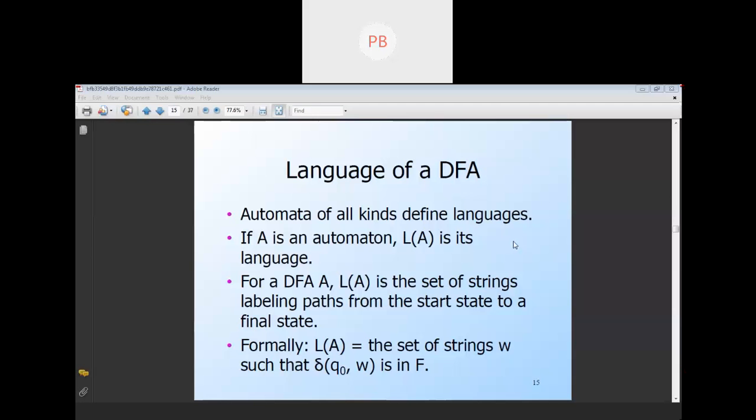Suppose we are writing an essay using a language, either English, Hindi, or Assamese.